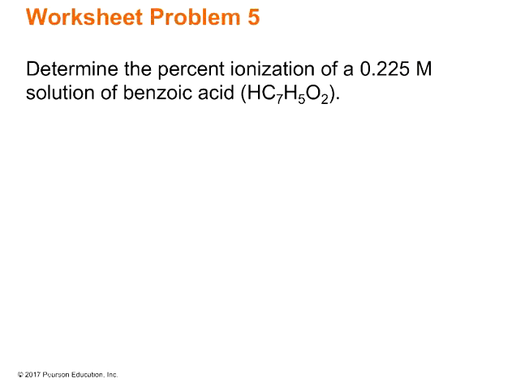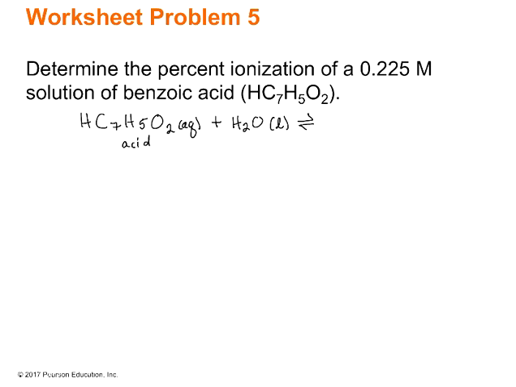So again, the first thing we should always do is write out the chemical reaction equation. So I've got my acid, which is benzoic acid, and that's going to react with water. And benzoic acid, of course, is an acid.